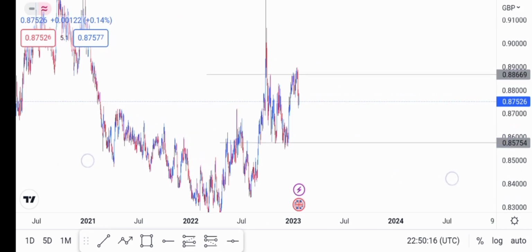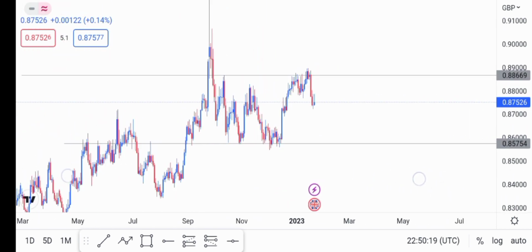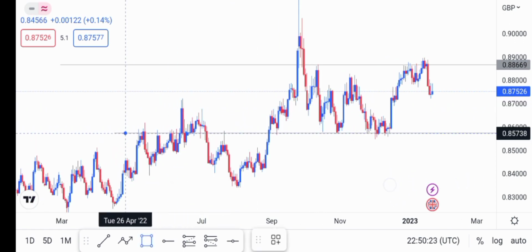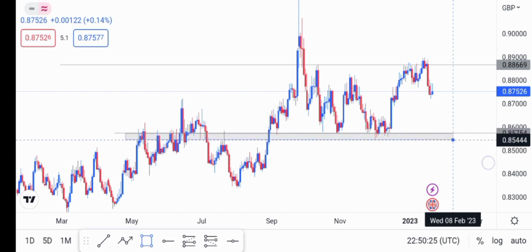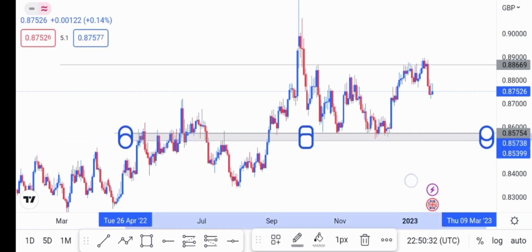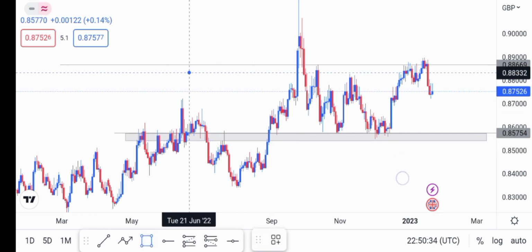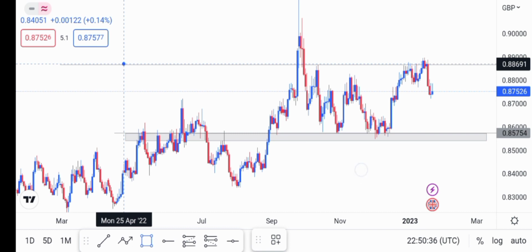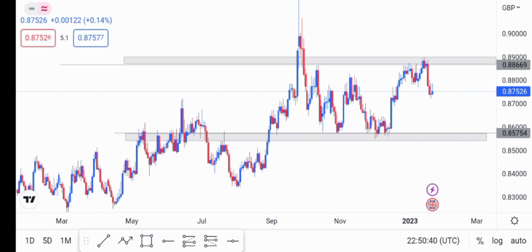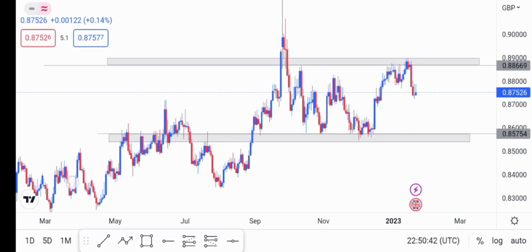So I'll keep on adding more levels. So by the looks of things, we have a beautiful resistance level and our support level right over here. So I'm going to take my time analyzing this pair, guys.